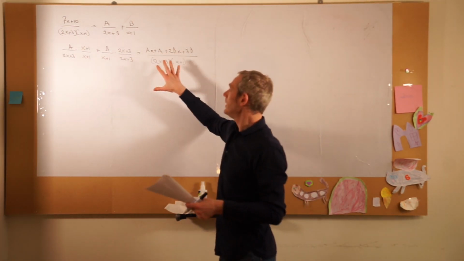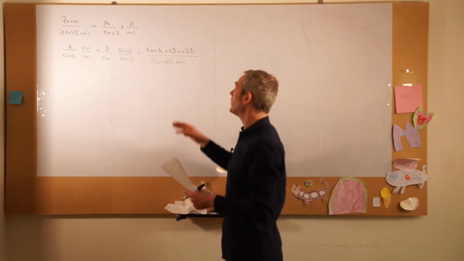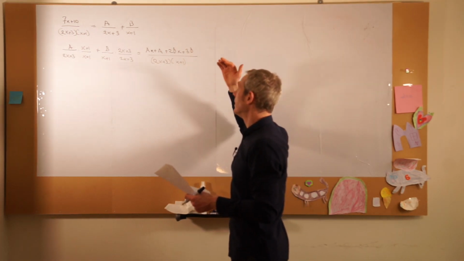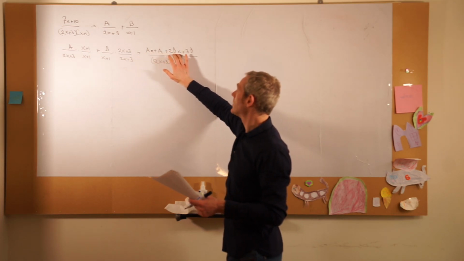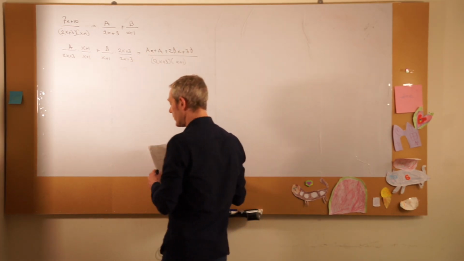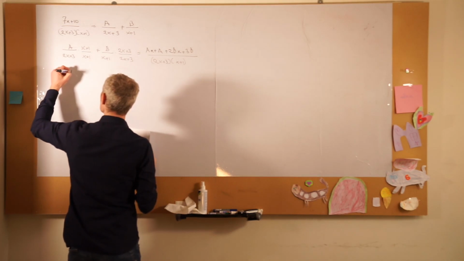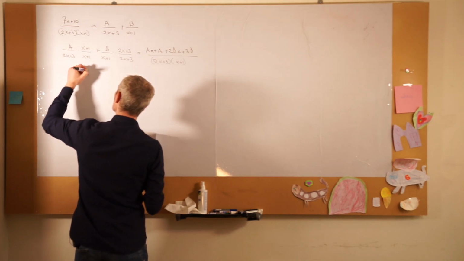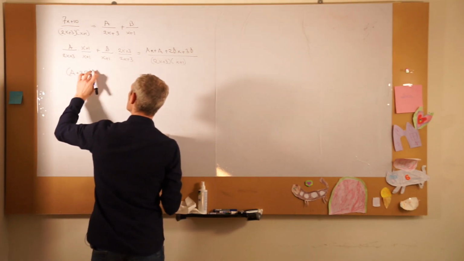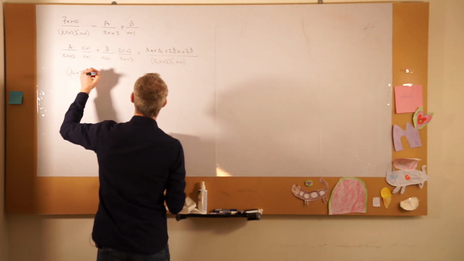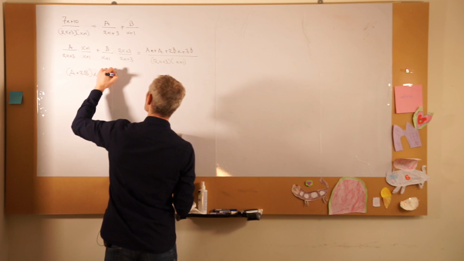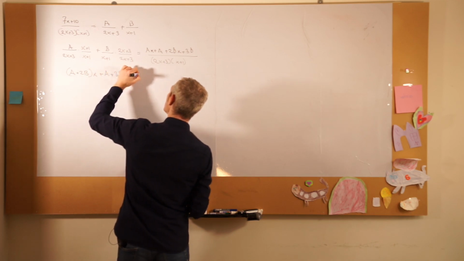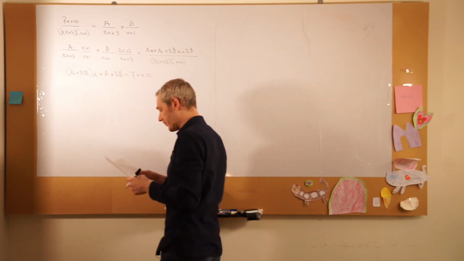Now, the denominators are already equal. Now we just need to get the numerators equal. I will collect up the x's and the constant coefficients. So we have (a + 2b) times x plus (a + 3b) is equal to 7x + 10.